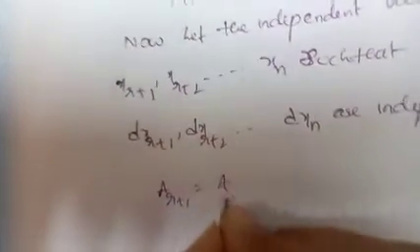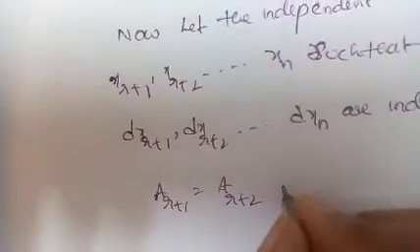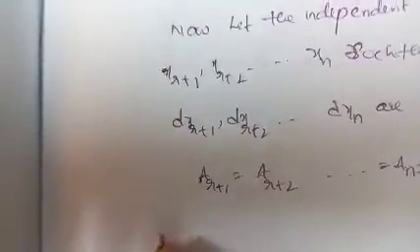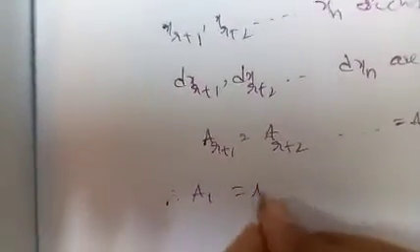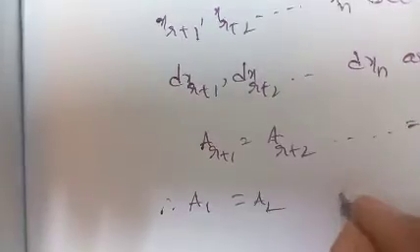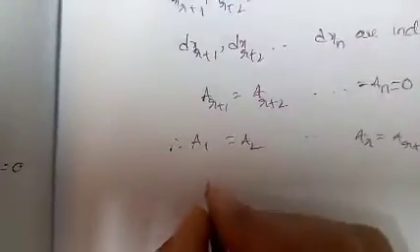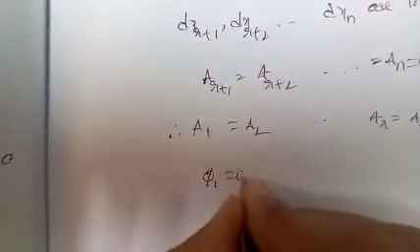So then a(r+1) equal to a(r+2) and so on equal to an equal to 0. Therefore a1 equal to a2 equal to and so on ar equal to a(r+1) and so on an equal to 0. So from the equations 2, 3, 4, pi 1 equal to pi 2 equal to and so on pi r equal to 0.